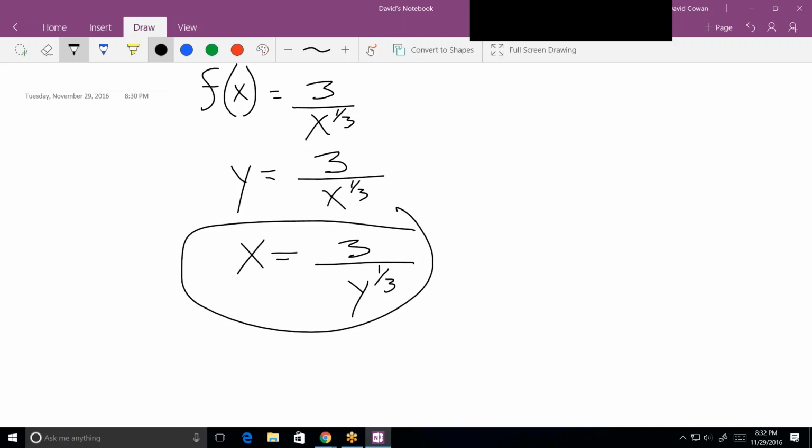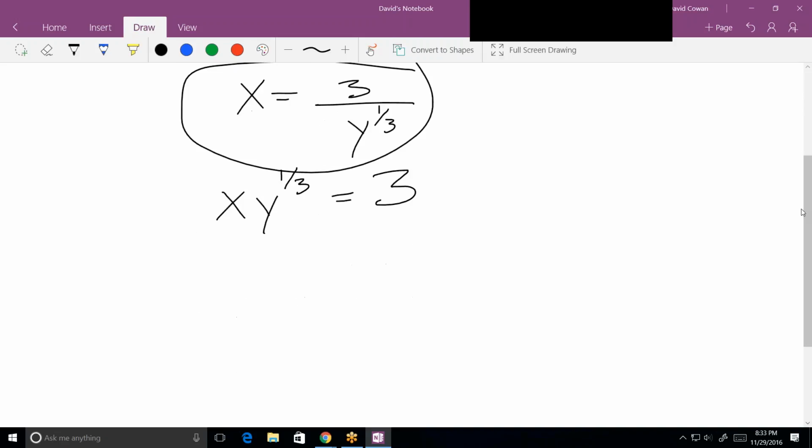Well, how do I solve that for y? Multiply by y to the power of 1/3. Okay, that's a good start. Then what? Divide by x. So you get y to the power of 1/3 equals 3 over x. And then, is there such a thing as a 1/3 root?